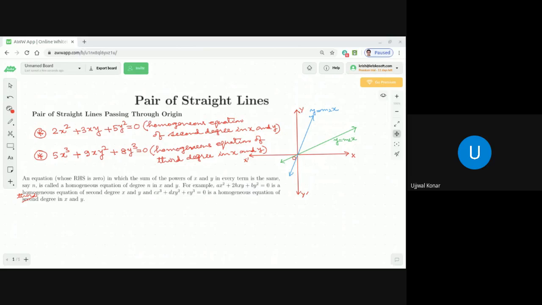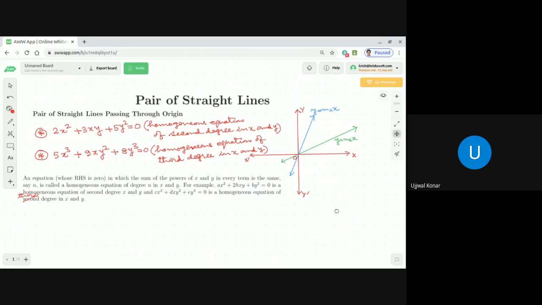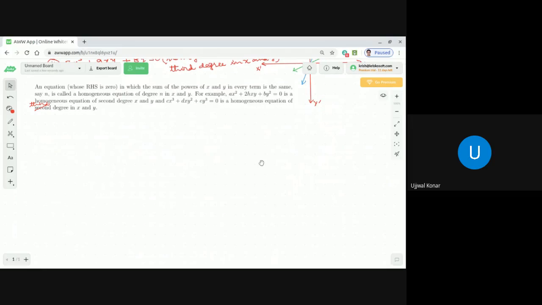So what can we say from this statement? Let me write it down and show it to you from the study material, and then let me explain. It says something like this.